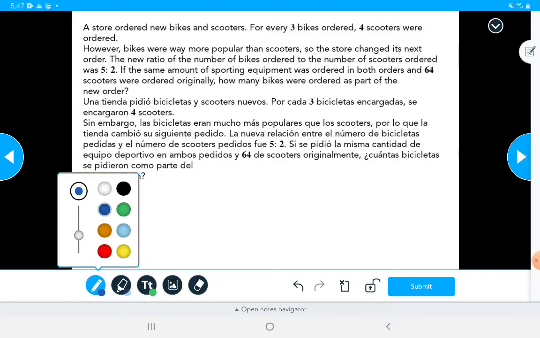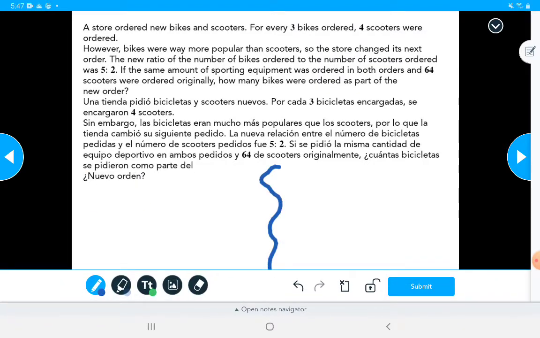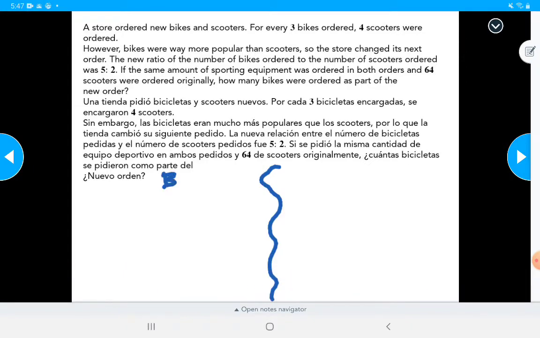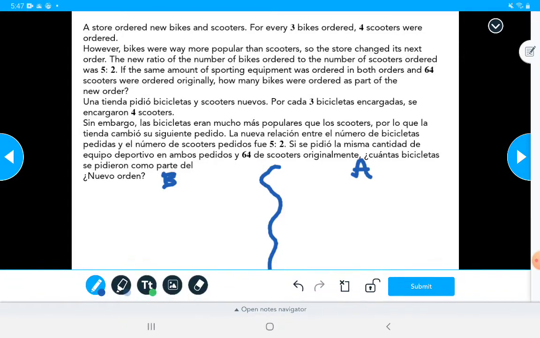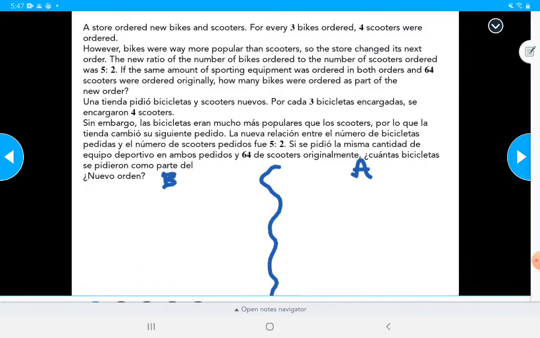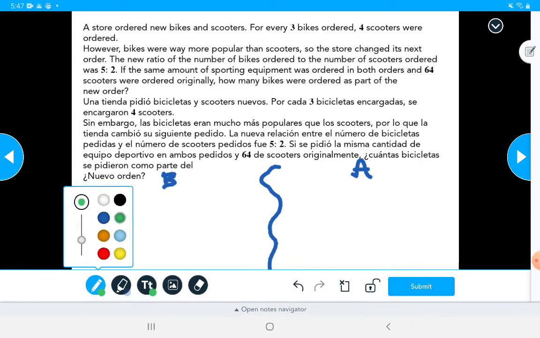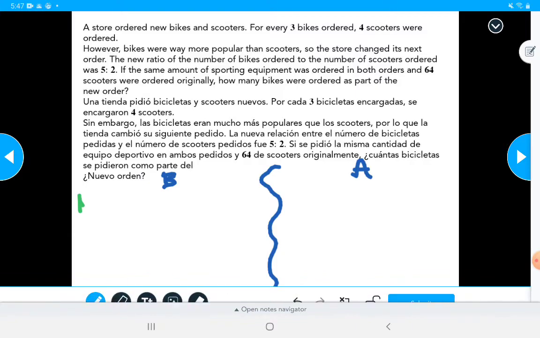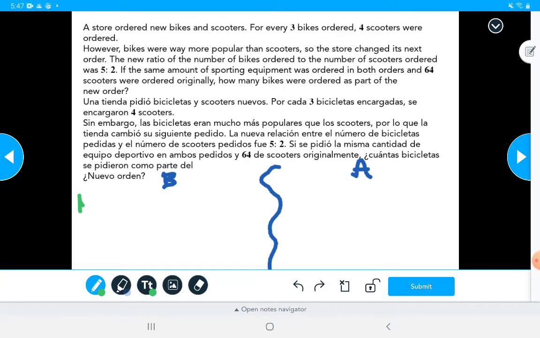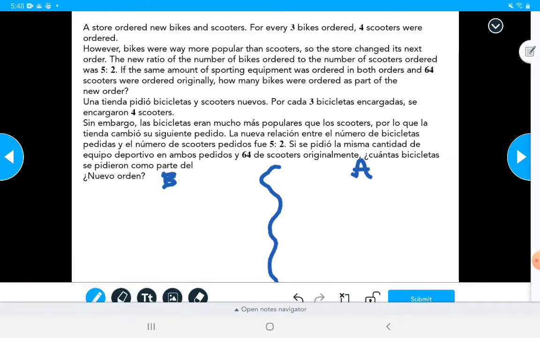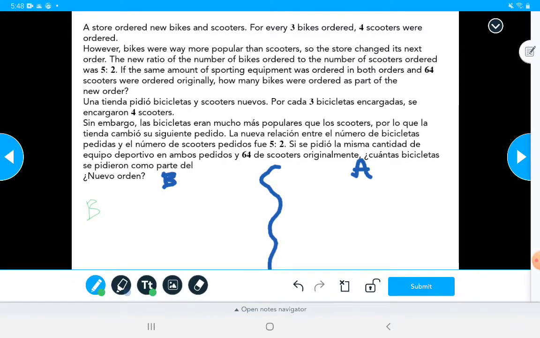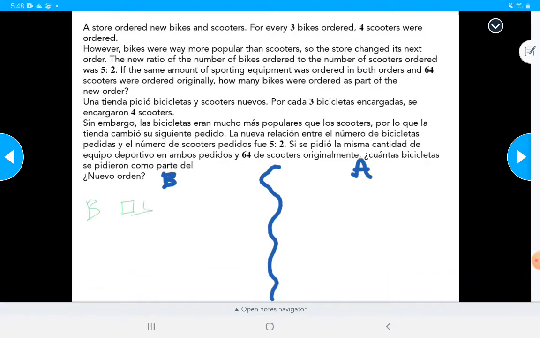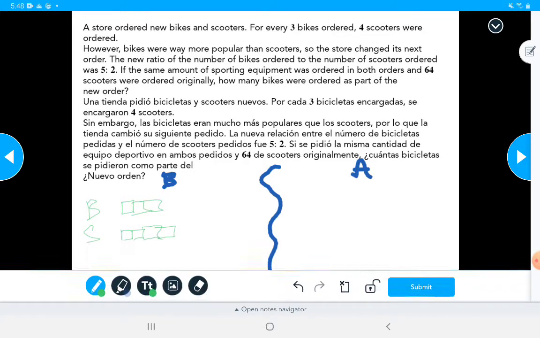Okay, so again, we'll split our board in half, and we have the before and after. For this problem, we have bikes, which is, there were 3, 1, 2, 3, and we had scooters, 1, 2, 3, 4.